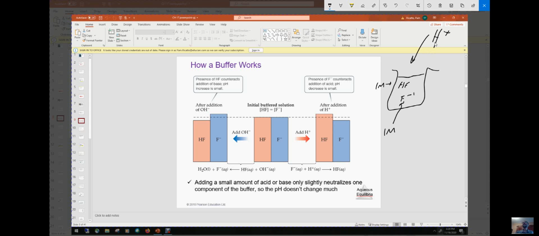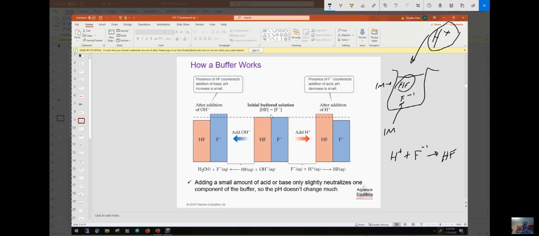H+ comes in, and F minus is a weak base. In the presence of the strong acid H+, this is a neutralization reaction. This reaction will go all the way to the right, and all I will make is some extra Batmans back, some extra HFs back.